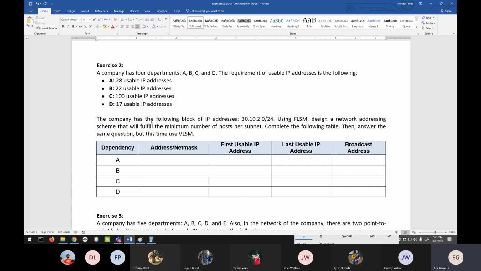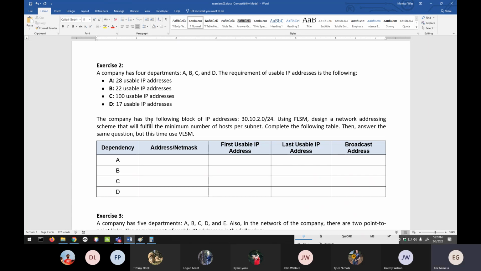If we are going to create subnets of the same size, what will be the smallest subnet that fulfills the requirement of all the 4 departments? What will be the smallest subnet in size that will fulfill the requirement of all the departments? 128, of course.